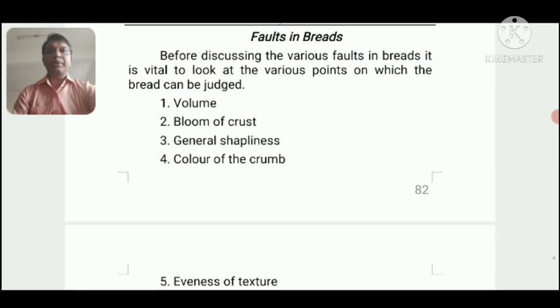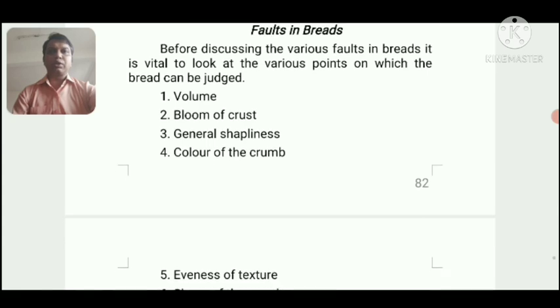Then the biggest equipment we need is the ovens. Nowadays ovens are coming with various options: some ovens run on gas, and some are electric, where you can easily control the temperature. In a gas oven, it is quite difficult to control the temperature.